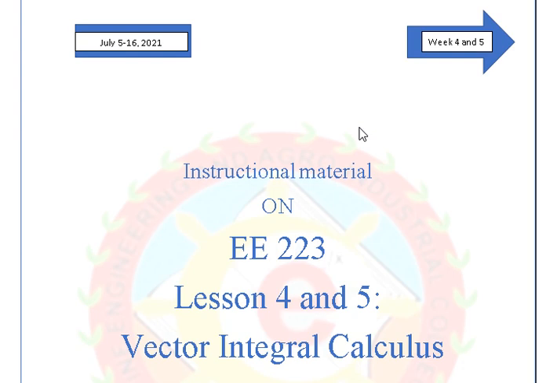So, last meeting we have already discussed the eigenvalue problem and its application in dealing with the matrix.